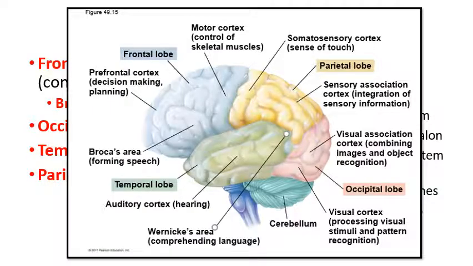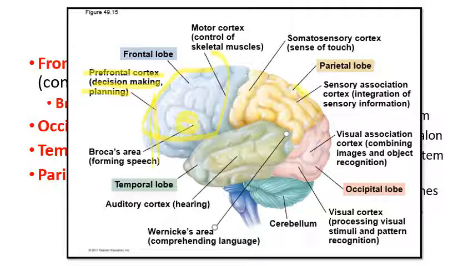Here is a diagram of the brain. Here we have the frontal lobe, including Broca's area. The very front part of the frontal lobe is called the prefrontal cortex, which is responsible for decision making, planning, and other executive functions.